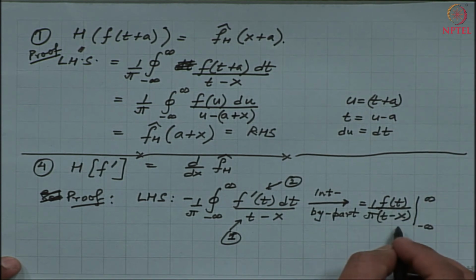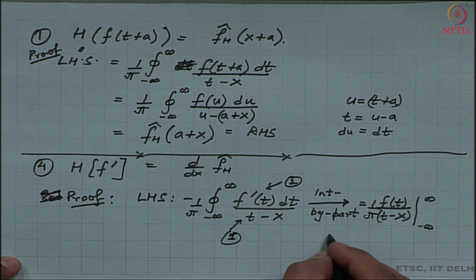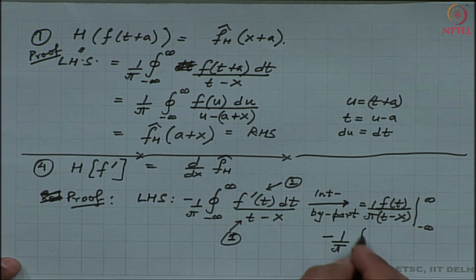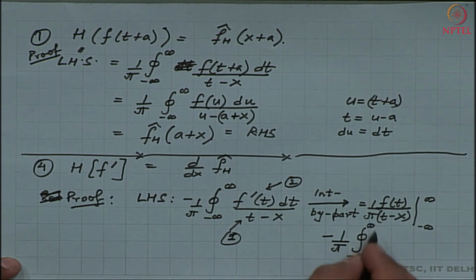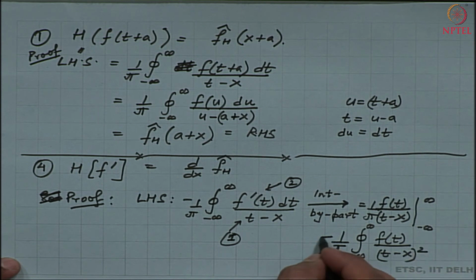Let me keep this value as it is and I am going to evaluate it right away. The second half of the integration by parts is negative 1 by pi times the Cauchy principal value integral of f of t and the derivative of the first function, which is t minus x squared. That will give me a minus sign, so that becomes a plus dt.